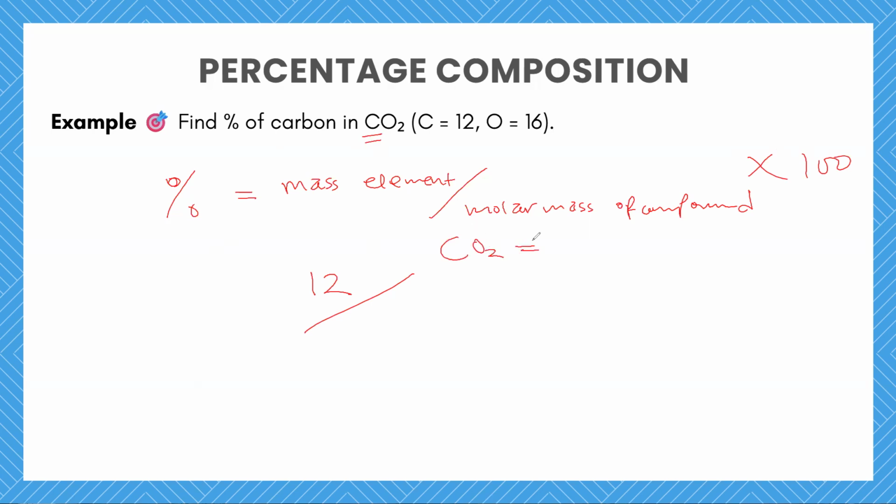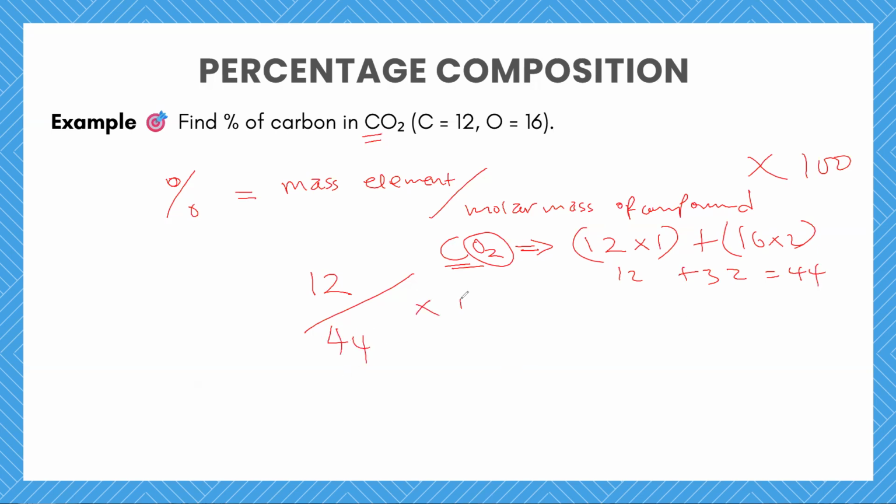CO2. Let's calculate that. We have C here, which is 12, and it appears once. We have oxygen over here, which is 16, and it appears twice. So we have 12 plus 32. That gives us 44. So altogether, we have 12 divided by 44 multiplied by 100. This would be the percentage composition of carbon in CO2.